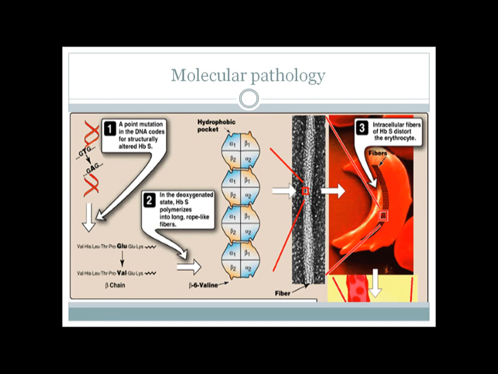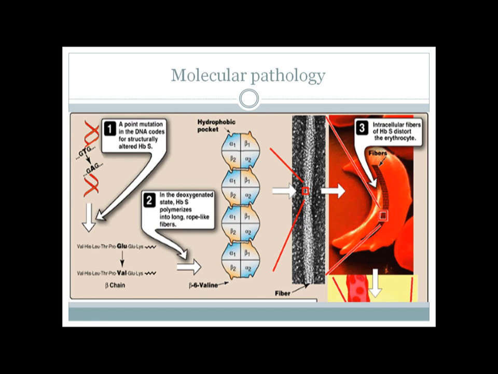So this valine actually increases the stickiness of the hemoglobin molecule. Normally hemoglobin molecules are present as a monomer, so they are not sticking together, they are moving freely, carrying oxygen from your body and also carbon dioxide, and they are always monomers.